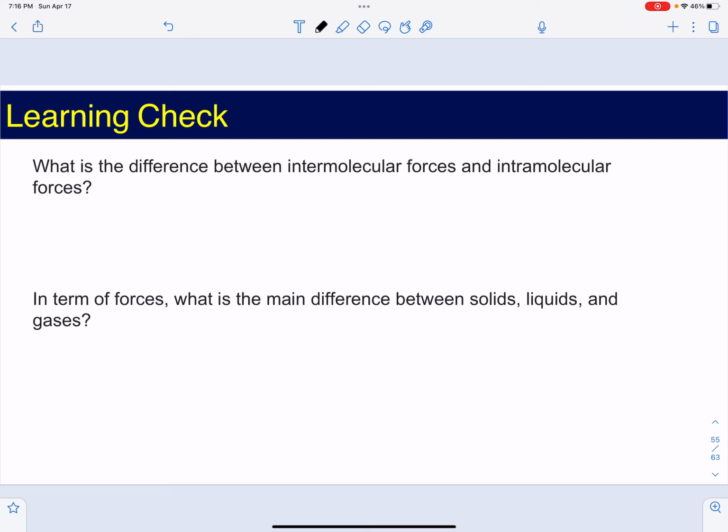And let's begin with these two questions. What is the difference between intermolecular forces and intramolecular forces? So the key words are inter and intra.